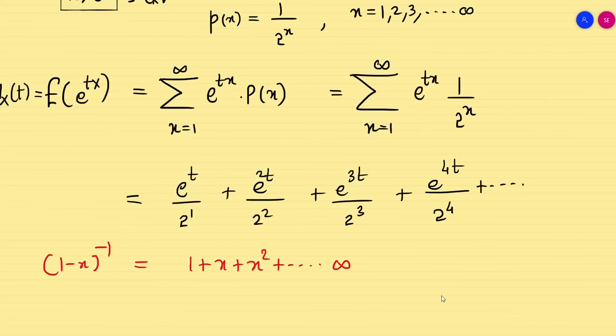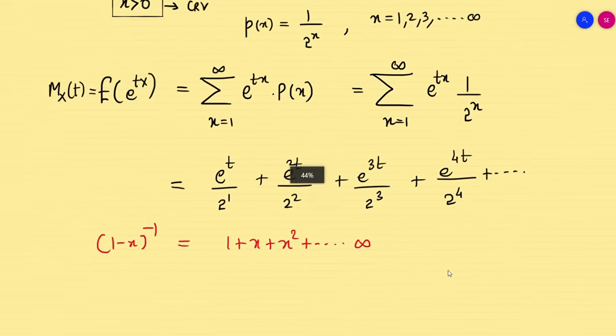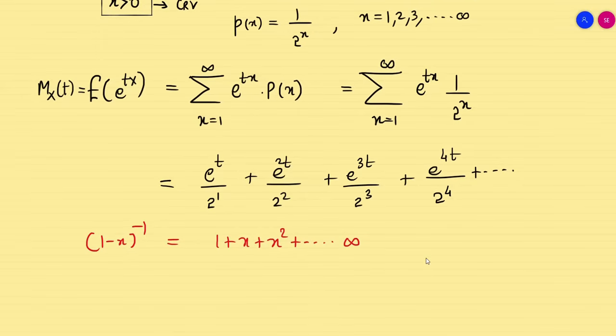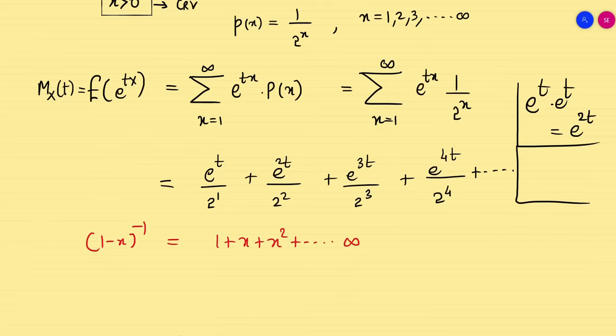Before going to this, we have to know something about the problem. So e power t into e power t, usually we express as e power 2t, since the base is the same, I add the powers. But in school days, when you multiply x into x, you say x square. So here similarly, e power t into e power t, I can say as e power t whole square, guys.